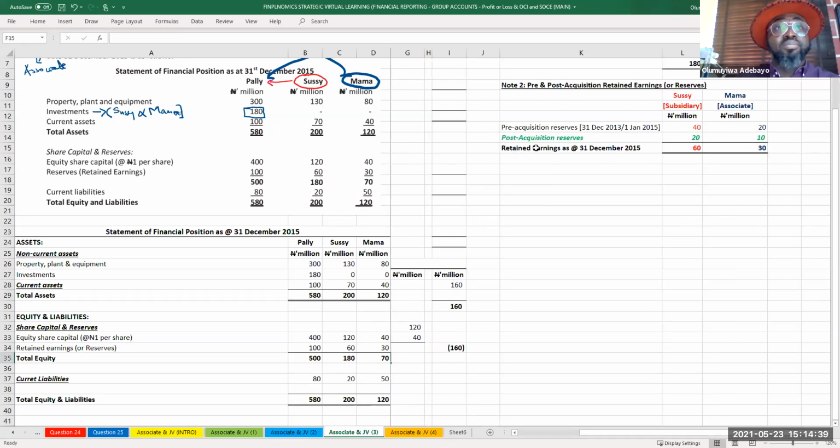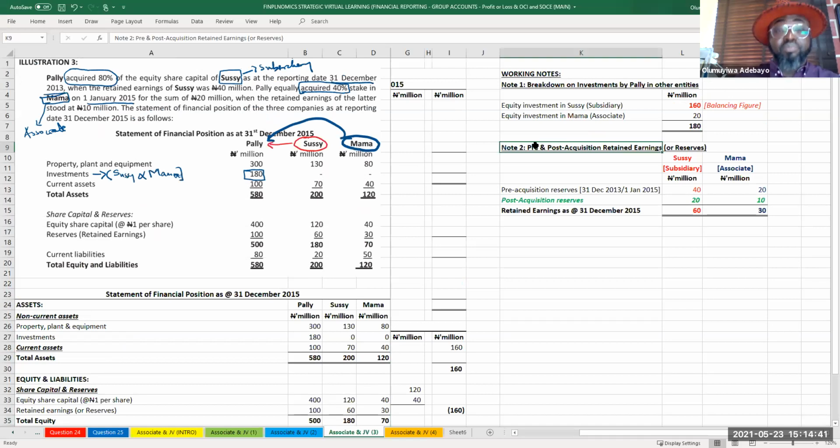Therefore, come to note 3. Non-controlling interest at acquisition date.